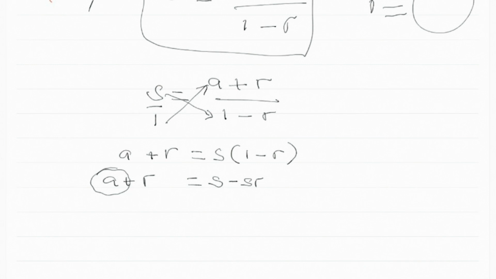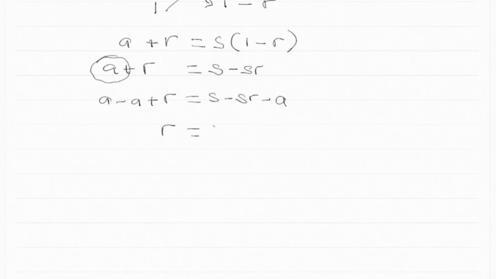Let's move on, because you understand that what you do on the left-hand side of the equal sign, you also do on the right-hand side of the equal sign. So from there, we have A minus A, it's 0.